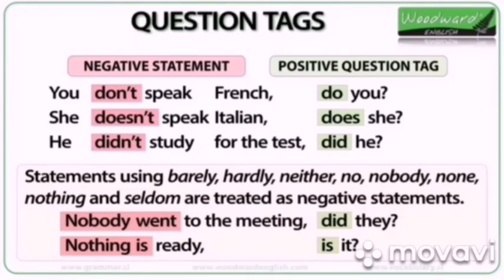This statement contains the word nobody, so it is a negative statement that needs a positive question tag. Nobody went to the meeting. Did they? Another example, nothing is ready. Is it? The word nothing makes it negative, so we need a positive question tag. Is it?